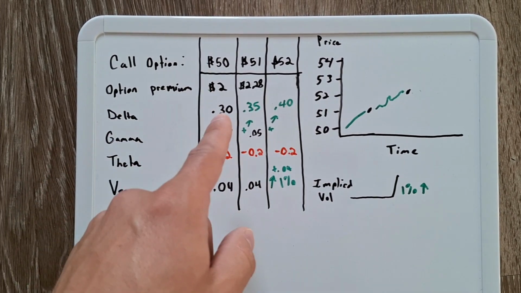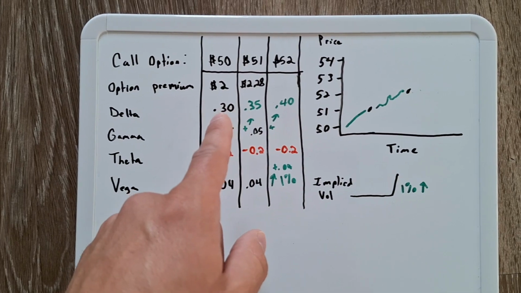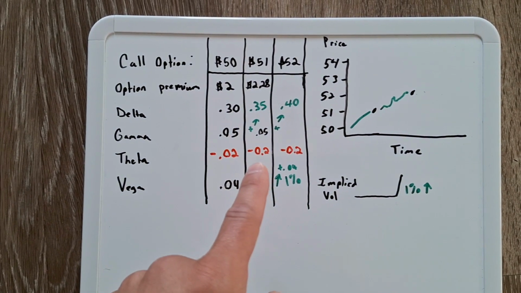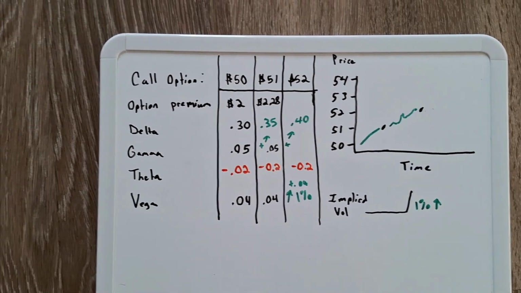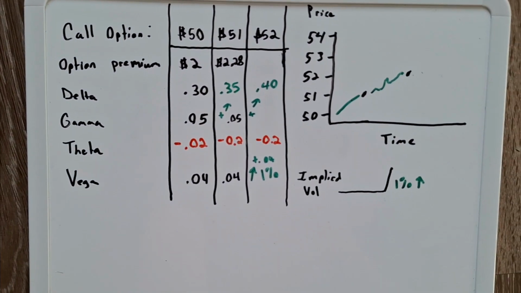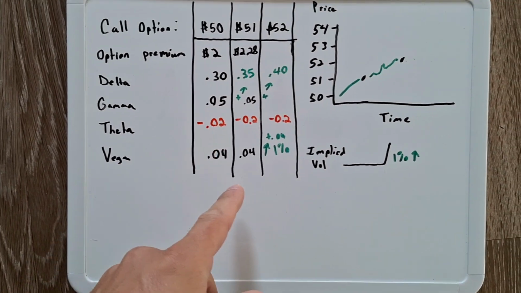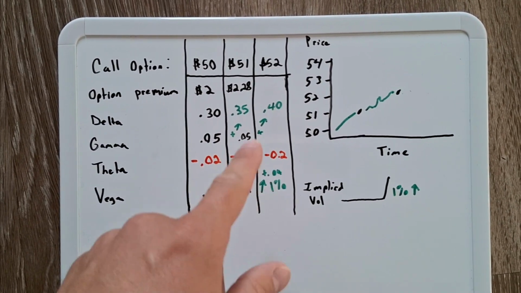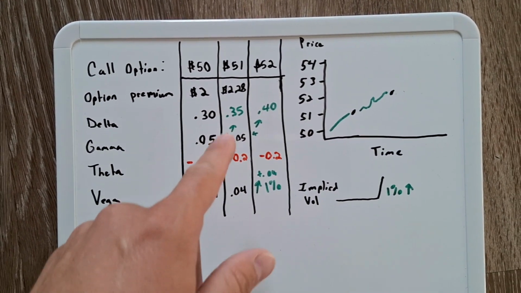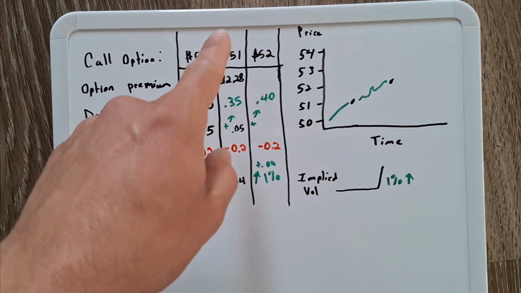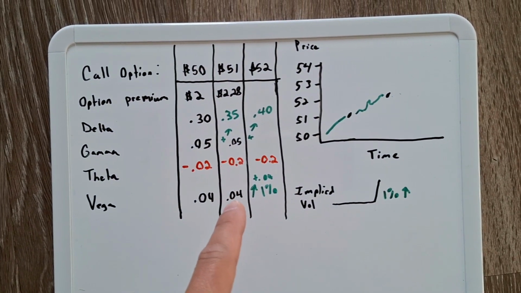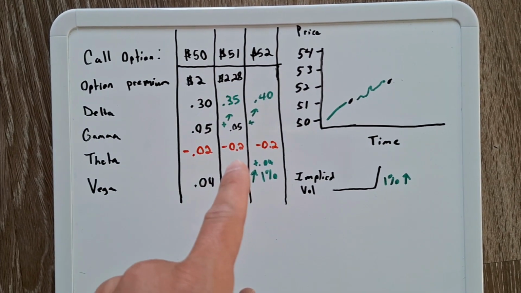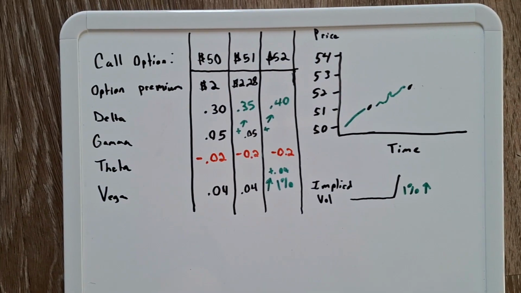What we'll do is add the delta, so we'll add the 30 cents to the option premium, but we have to subtract the theta, which is 2 cents. And the vega just stays consistent. This only applies if there's a percentage change in implied volatility, but let's just assume the implied volatility stayed the same during this time. So we added our 30 for our delta, and we subtracted our 2 for our theta.